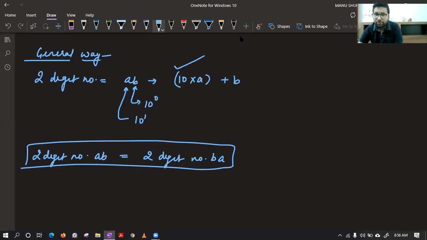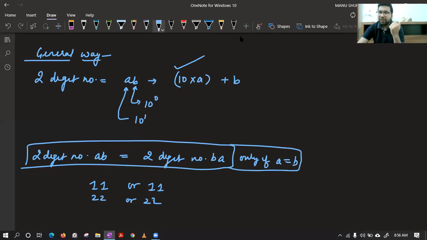See, if they both are the same, if you take 1 1, they are the same thing. If you take 2 2, even if you change the position, nothing is changed. So only possible if A is equal to B. Only if A and B are equal can you say AB is the same as BA.